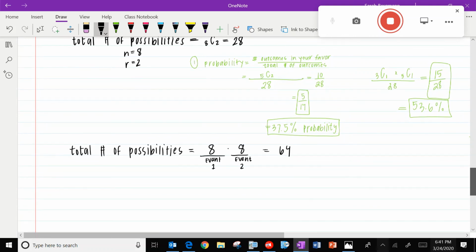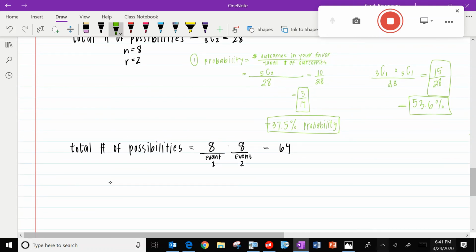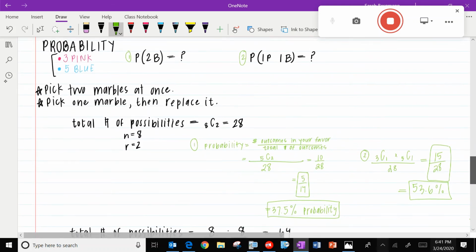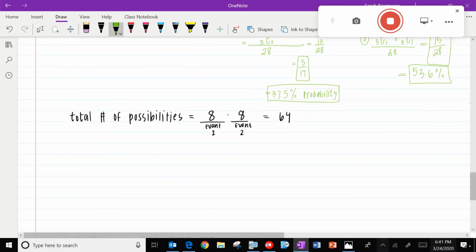Now let's talk about these two different questions. The first one's asking, what's the probability that there's 2 blue? So basically this is saying that the first one that you choose is a blue marble and the second one that you choose is a blue marble. So let's think about that. Event 1, there are 5 blue marbles to choose, so there's 5 options in your favor. Event 2, since you would put the blue marble back, there's still 5 blue marbles to choose. So you would have 5 times 5 over the total, which is 64.